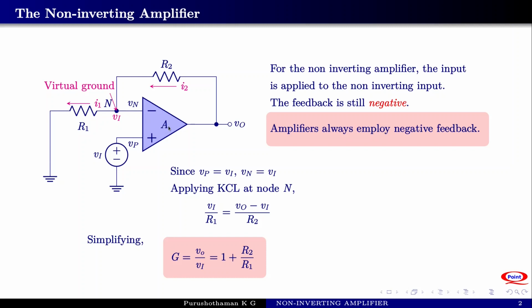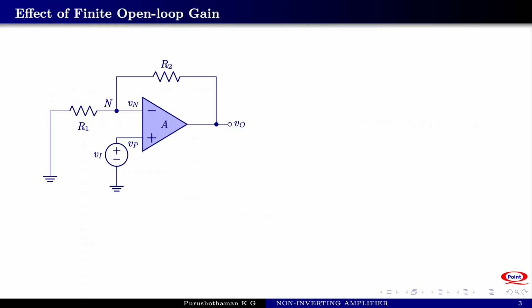Assume that the gain is not infinity, it is finite. Open loop gain is finite. And the other parameters are ideal, that is the input resistance is infinity and the output resistance is 0. So what is the effect of that finite open loop gain on the amplifier performance?